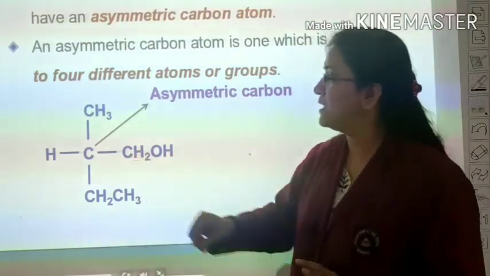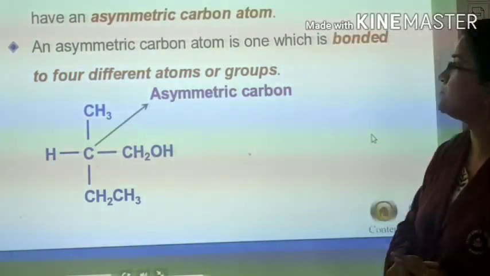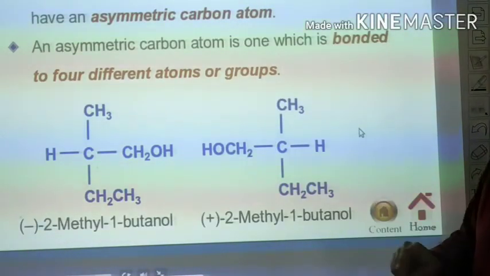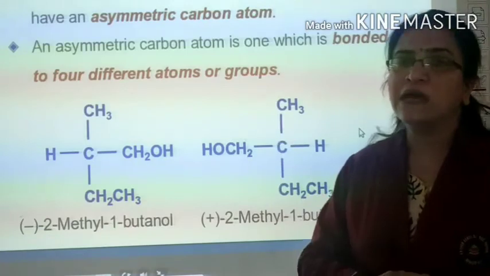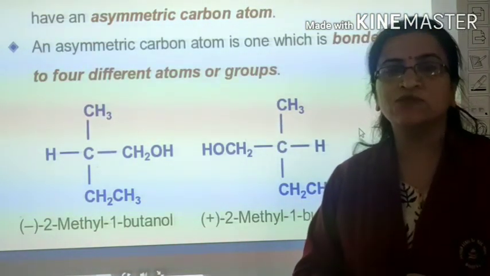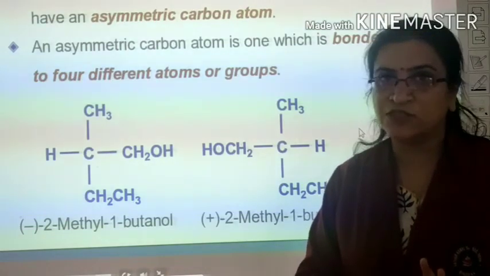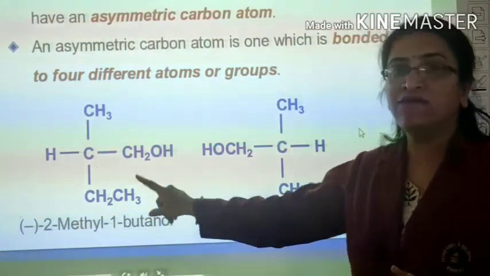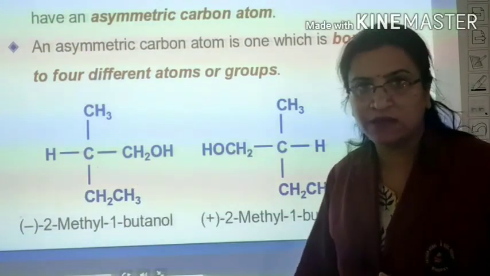So this is called an asymmetric carbon atom. Optical isomerism is further divided into two, dextro and levo. Dextro is represented by a positive sign, levo is represented by a negative sign.